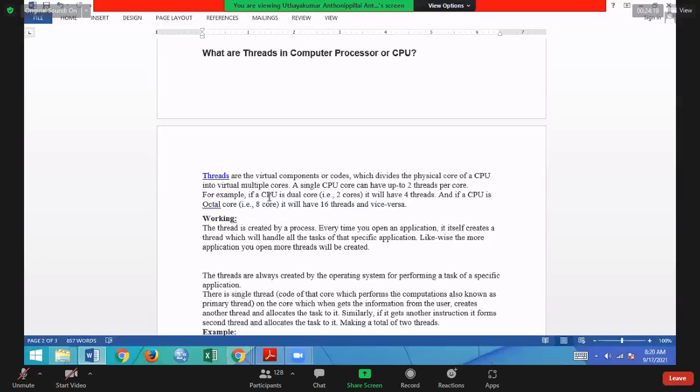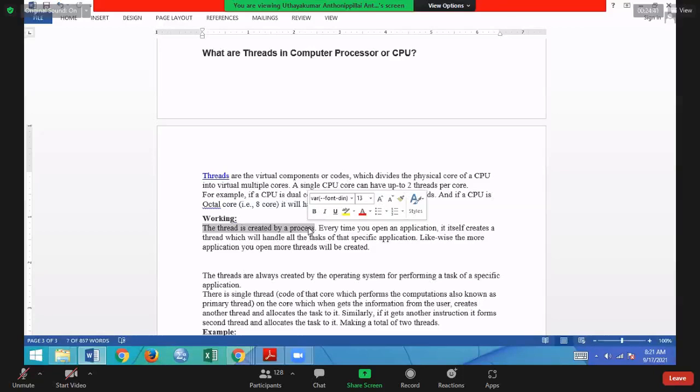The thread is created by a process. What do you mean by thread? Thread means when you open an application, one thread is created and the thread can manage all the matters of the application.